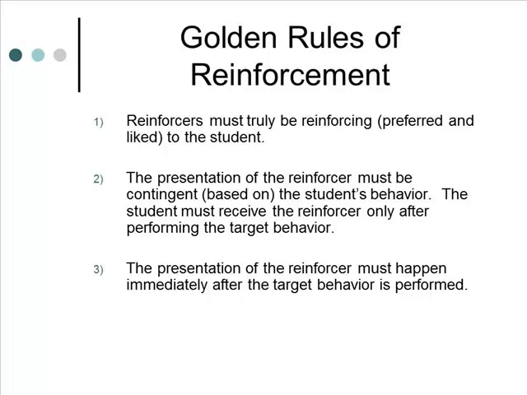The third rule of reinforcement is that the presentation of the reinforcer must happen immediately after the target behavior is performed. There's a nice example in your Alberto and Troutman book about a teacher who is asking students to accumulate ceremony points in order to get a pizza party on Friday afternoon.